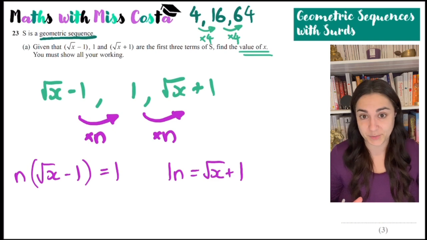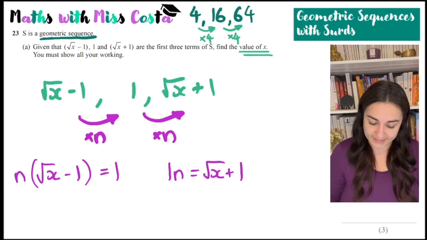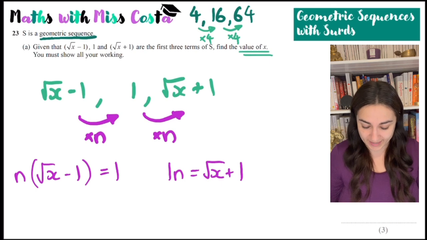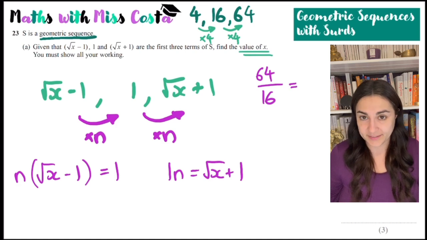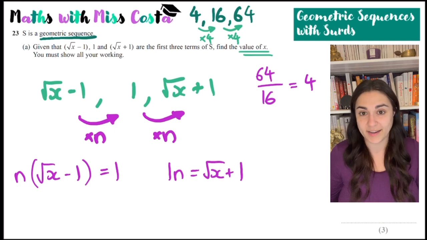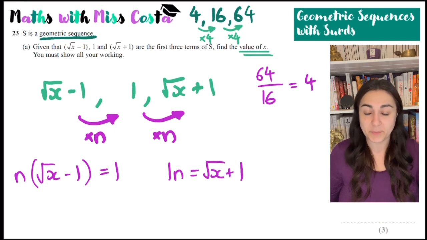So with a basic geometric sequence where you had 4, 16, 64, how could you figure out what n is? Well, if you do the third term, let's say 64 divided by 16, what happens? 64 divided by 16 is 4. Okay, so if you divide the second term by the first term, or the third term by the second term, you get your scale factor, just like when you do enlargements.